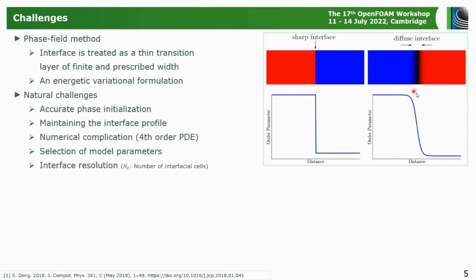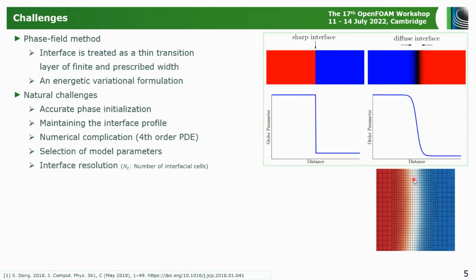And due to this nature of the interface, we have extra model parameters that one would normally not see in sharp interface methods. Most importantly, we need to resolve the interface with sufficient resolution. In order to do that, we use adaptive mesh refinement. This is an example of how an interface is resolved with the use of adaptive mesh refinement.